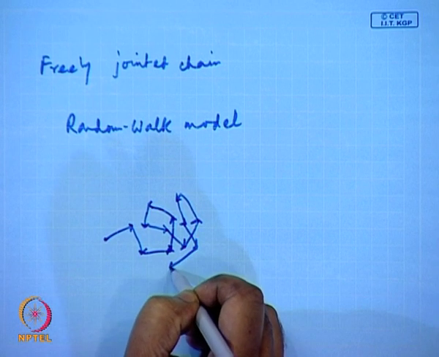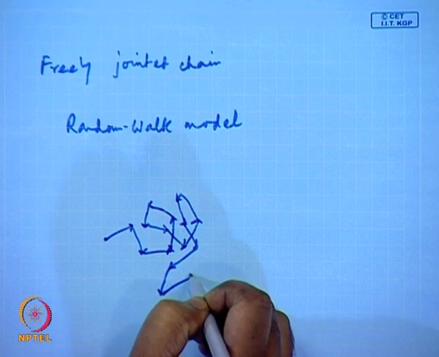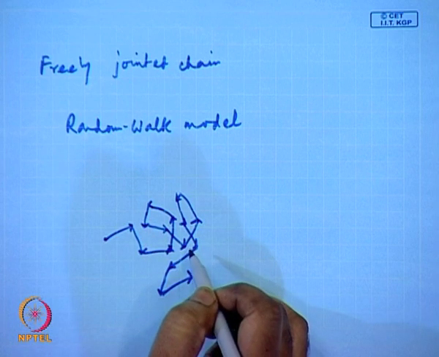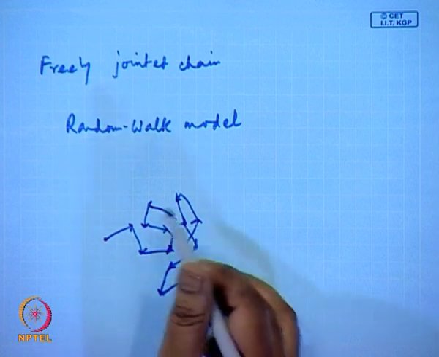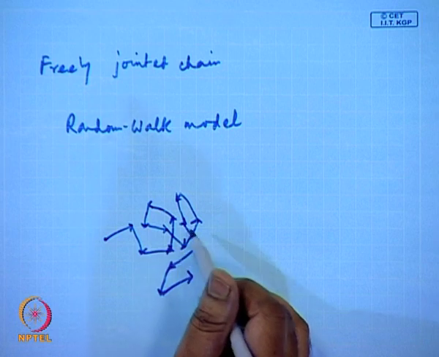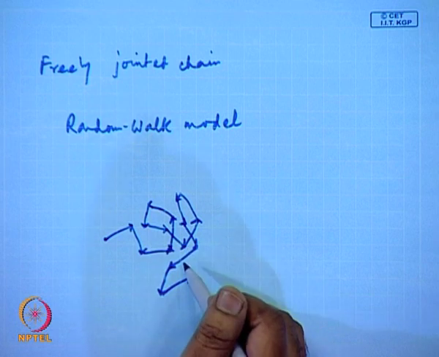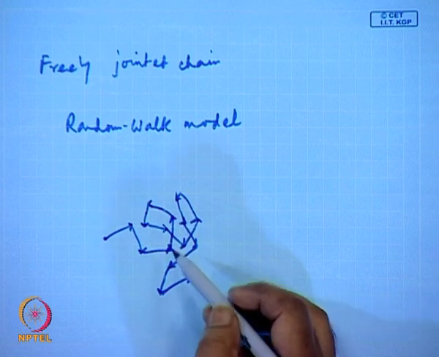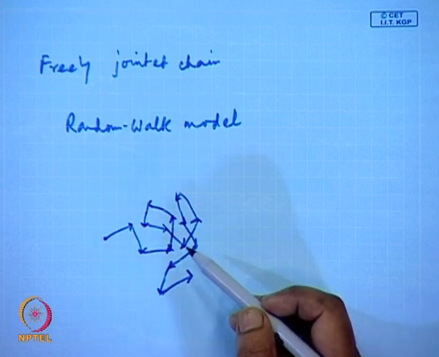I am placing this randomly. So, you start from one end and continually add further bonds in 3D space. We are just showing a 2D picture here, but you imagine this is three dimensional.